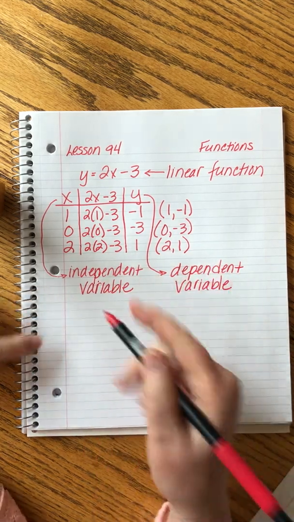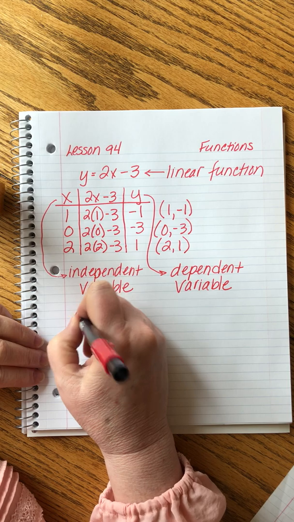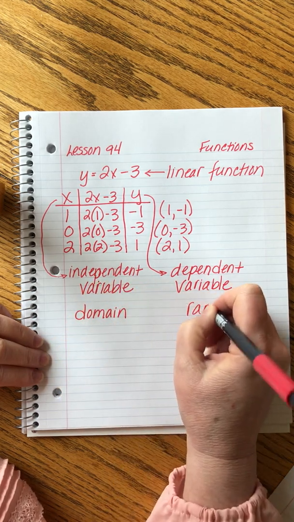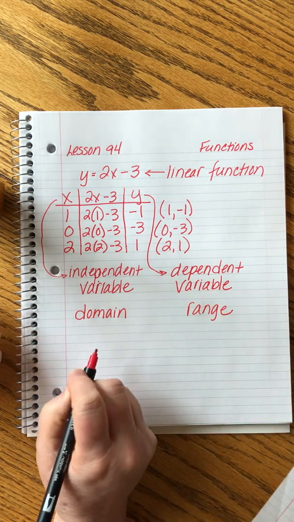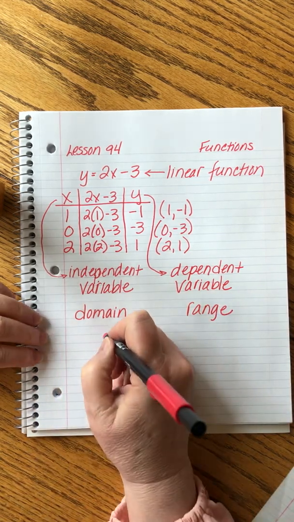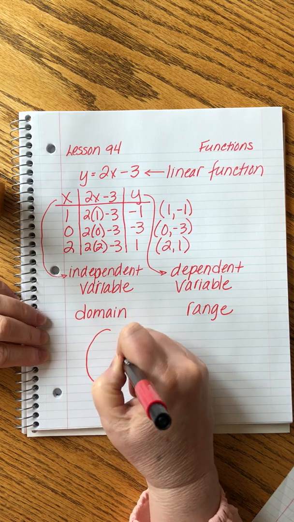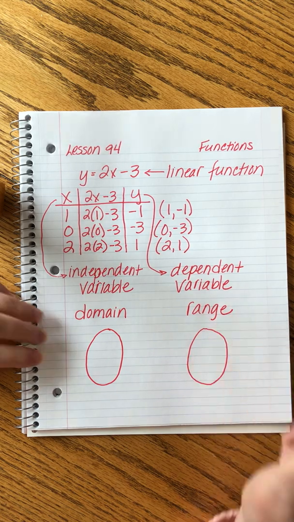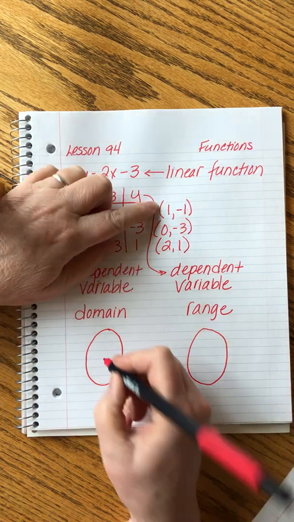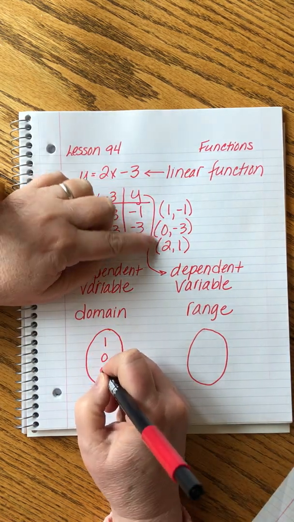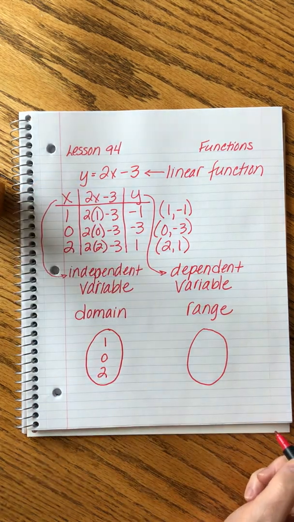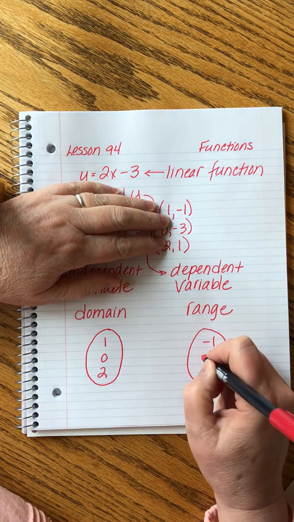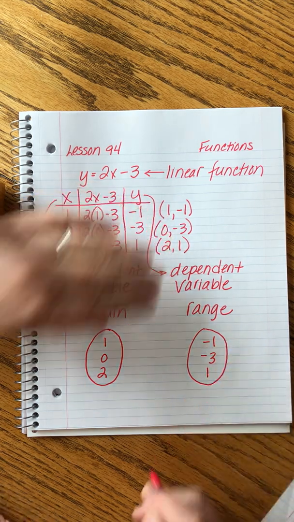Other names for these that we've talked about is that this is the domain, and this is the range. Okay, then we also know that we can represent the domain and the range with a different kind of picture, right? You've seen this before. 1, 0, and 2 are the numbers we chose for our domain, and the range that we calculated was minus 1, minus 3, and positive 1, right?